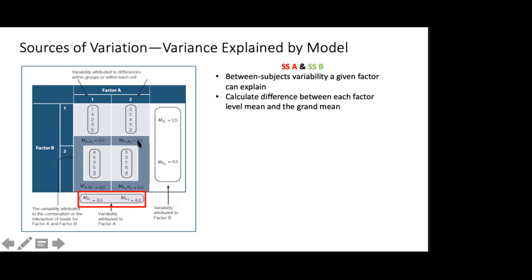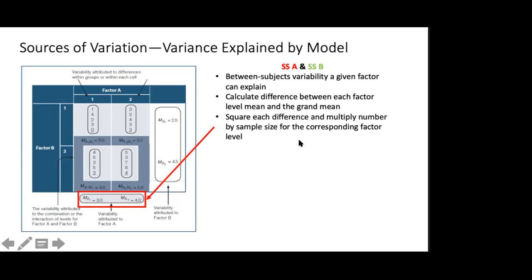And then we also take the average of these two, that is 4, so the variability across the levels of factor A, averaged across B, is the sum of squares for A, right? And we just multiply that by the number of subjects in each group. Okay, so that is our SSA, our variability that can be accounted for by factor A.